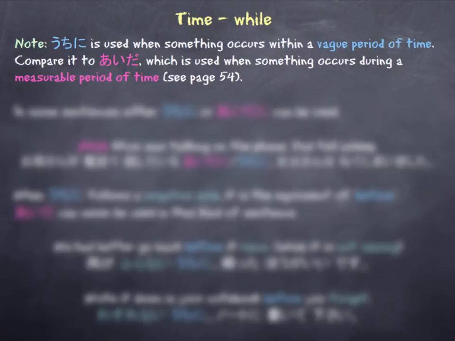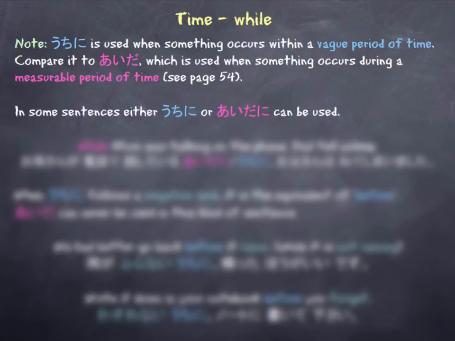Now please note that uchi ni is used when something occurs within a vague period of time. Compare it to aida, which is used when something occurs during a measurable period of time. And you can see page 54 of the Mirai textbook for more information on that. Now, in some sentences, either uchi ni or aida ni can be used.